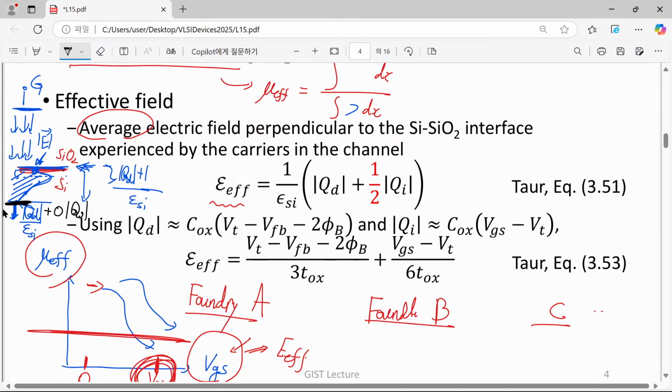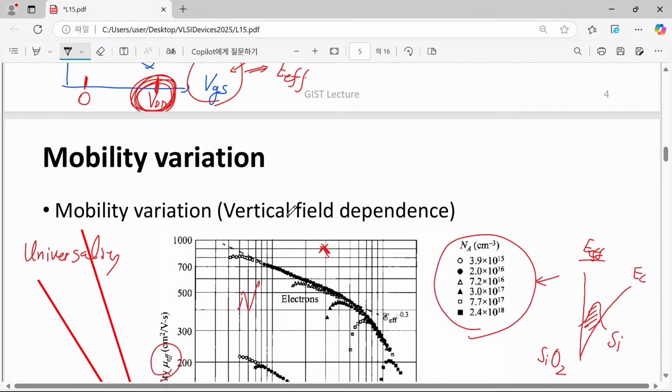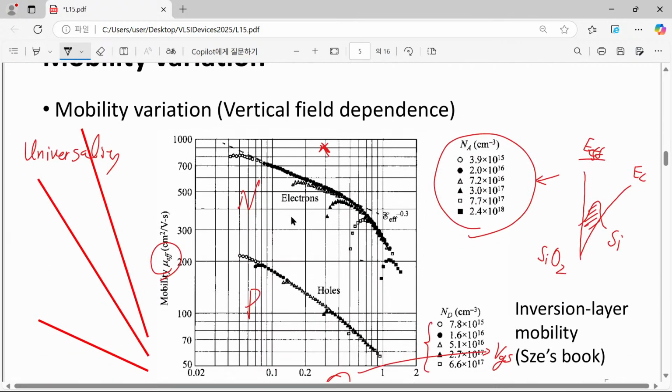But in the case of electrons, there is a consensus that we have to use one half to make this effective field. Then by using this effective field determined as QD plus half of QI, now you can have this beautiful universality for your effective mobility.